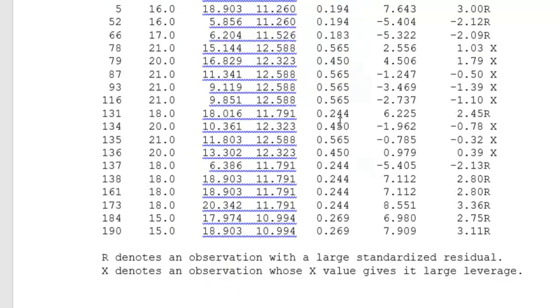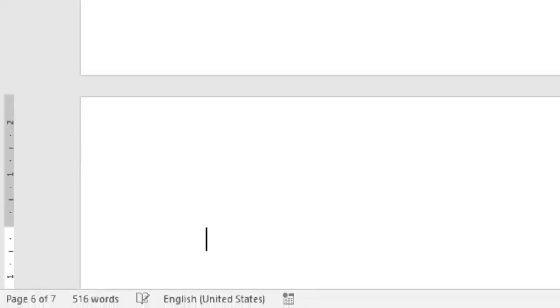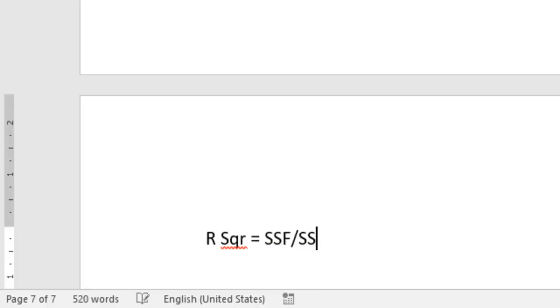तो R square, which is essentially my coefficient of determination, it essentially explains the percentage variability in Y which is caused by my factor. और जानने की जरूरत नहीं है, but good to know, R square mathematically was equal to sum of square of factor upon sum of square of total.